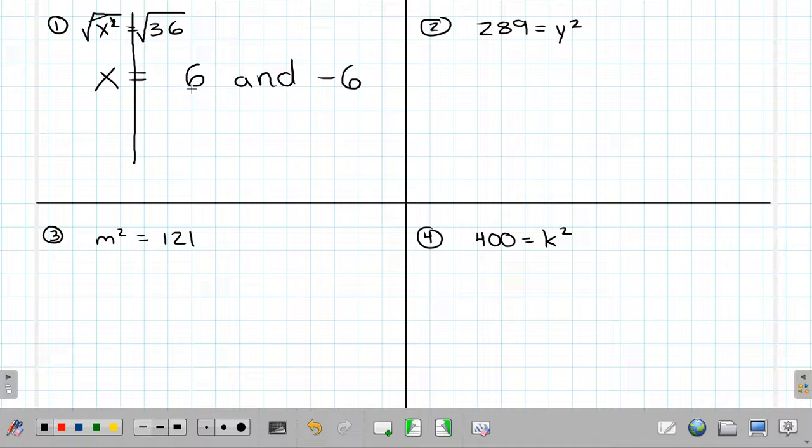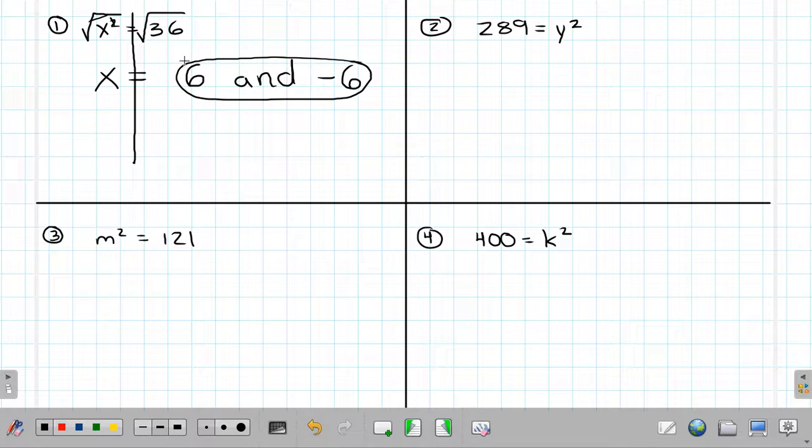So 6 squared is 36, but also -6 squared is 36. So we actually have 2 different answers here, 6 and -6. You'll see a pattern with these: the answers to all these questions are either the positive or the negative of whatever number you calculate.